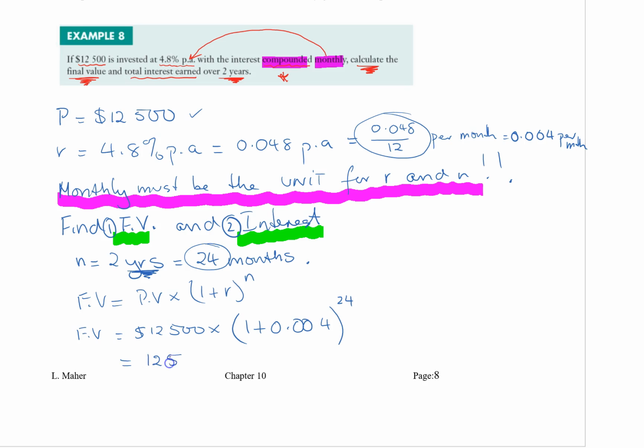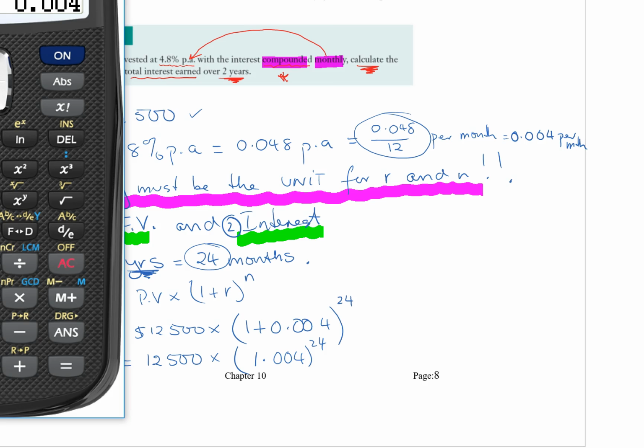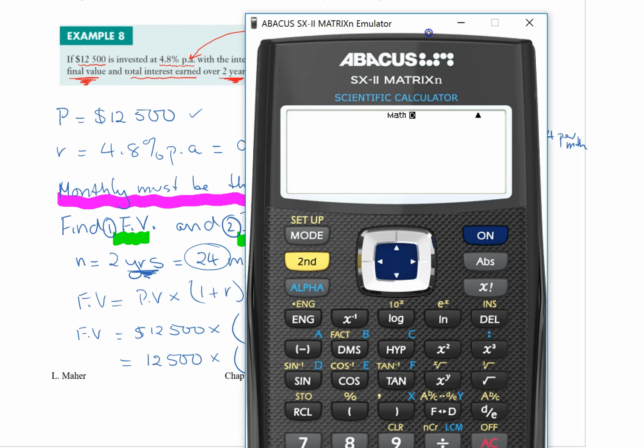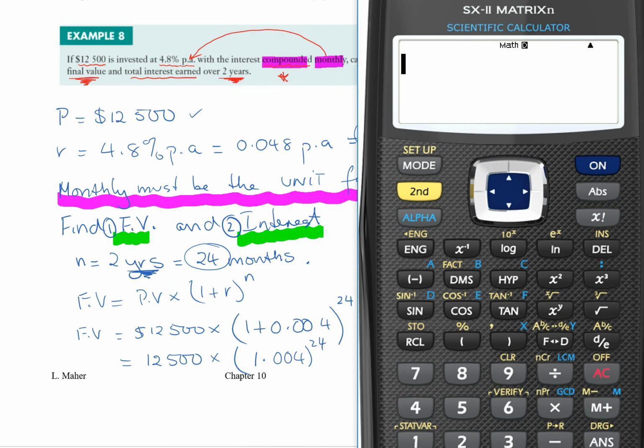So it's 12,500 times. Now, you can go to your calculator and do this, or you can realise that if I add 1 to this decimal, it just means the number in front of the decimal point becomes a 1. 1.004 to the 24. Go to your calculator and I will just move that so that you can see what's going on.